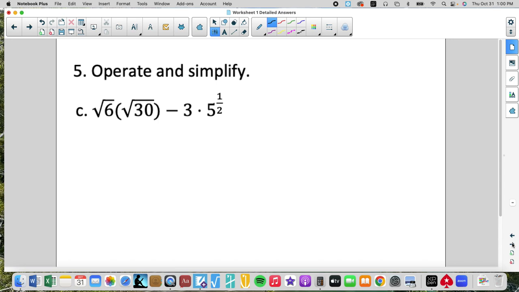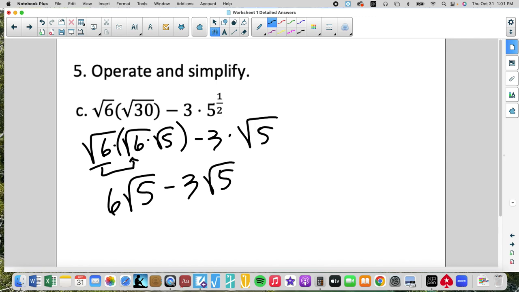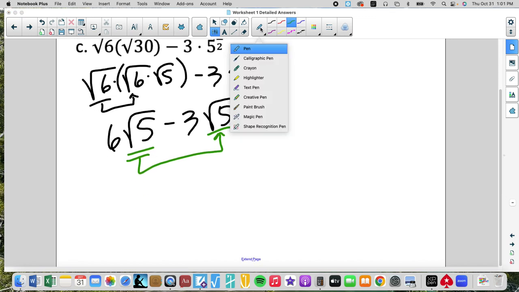All right, so root 30 can be root 6 times root 5. And root 6 times root 6, the 6 comes out, so that gives me 6 root 5 minus, and this is 3 times 5 to the 1/2, which is the square root of 5, so that's -3 square root of 5. These are like terms because they have the same radical, so we're going to combine their coefficients.